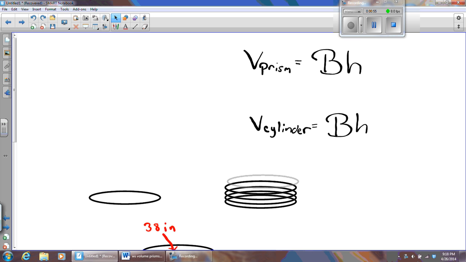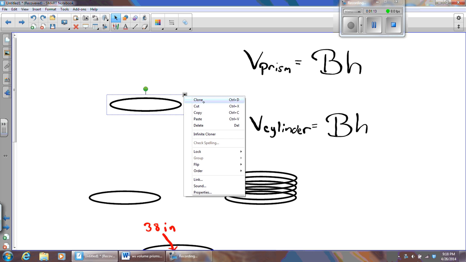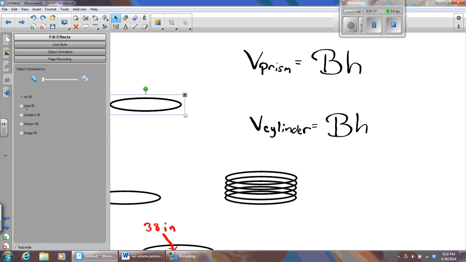Now, a really cool thing is, the way to think about this, and you see my cylinder, even though it doesn't look perfect, you can see the idea of what I'm getting at. If I can figure out the area of this bottom circle, or this base circle if I want, and I'm going to shade it here, we're going to make it a solid fill, and I'll make it blue.